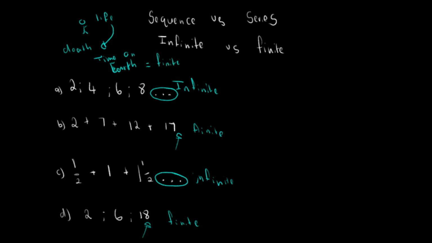So if you understand what finite and infinite means, infinity is too difficult to explain. I can explain finite, but infinity is a bit more complicated. Then we know how to identify what we're working with. So the ellipse shows infinite and no ellipse shows finite.